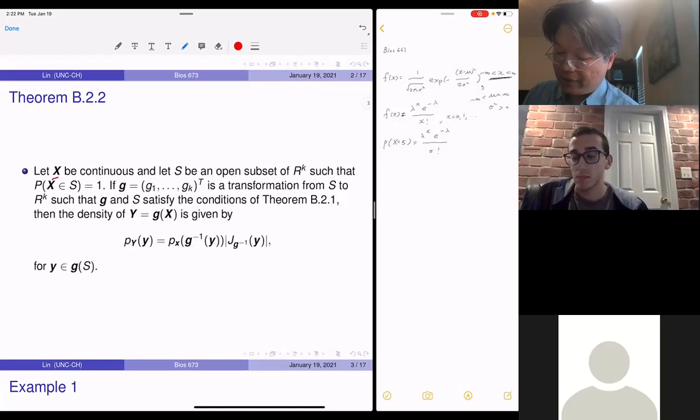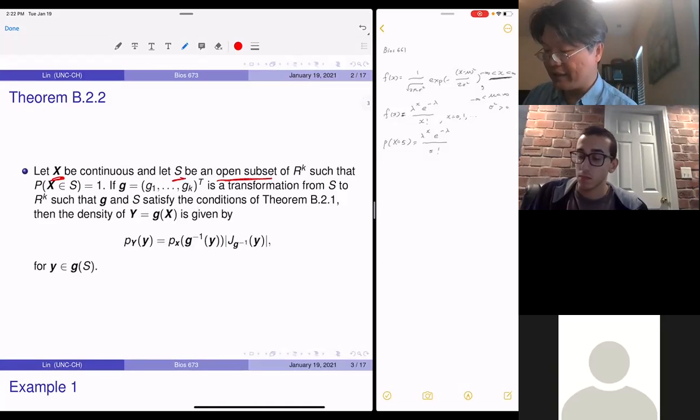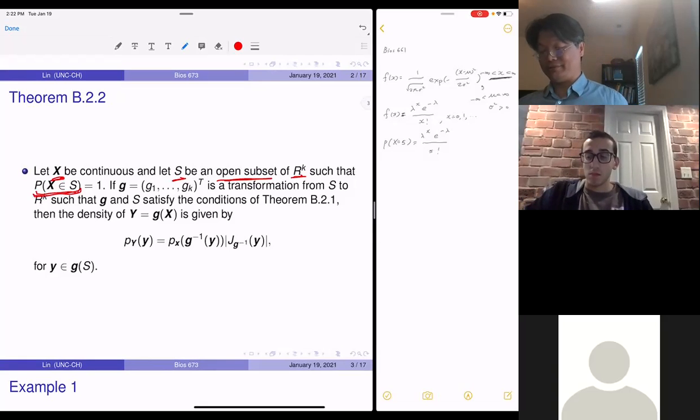So X is continuous, and S will be an open subset of R^k. Of course, I'm only talking about the sample space, not something in a real case.